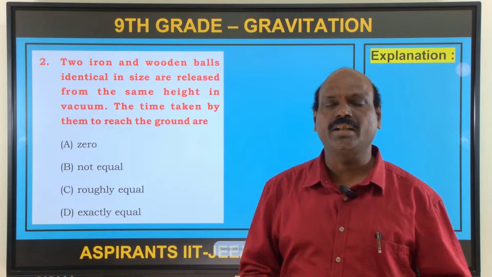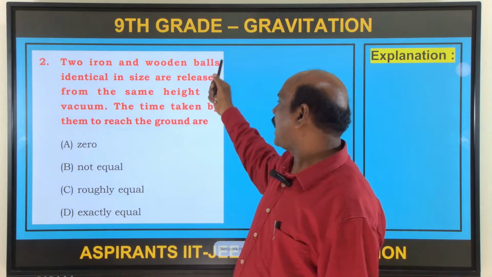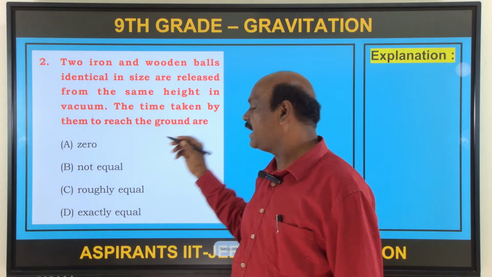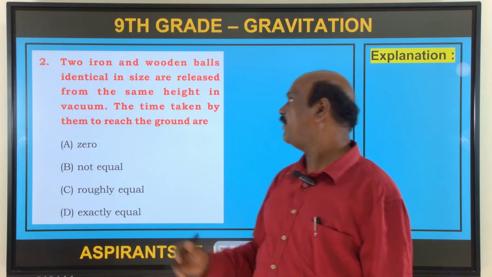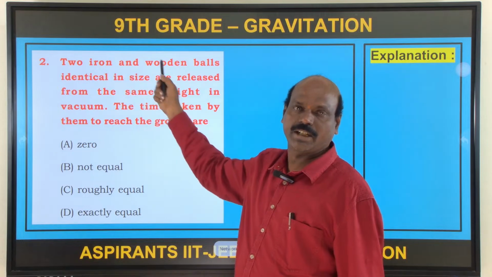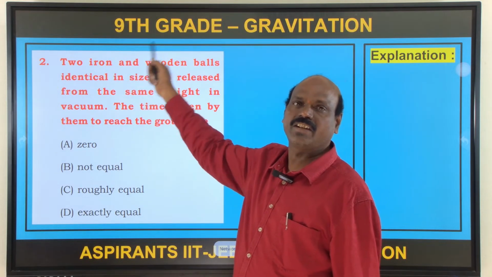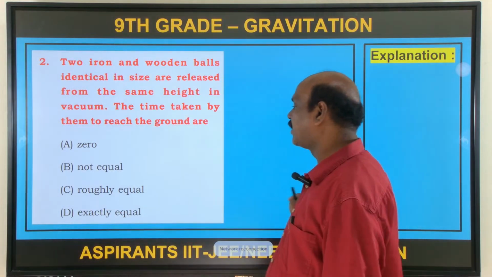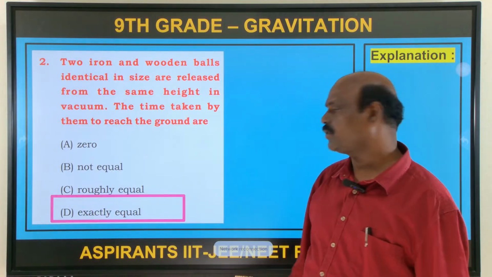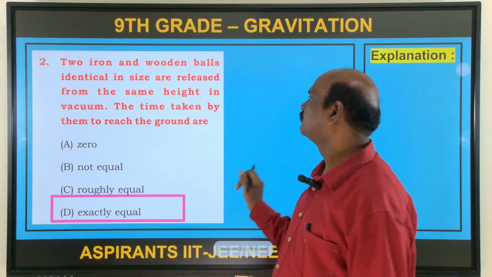Here we know that the acceleration due to gravity is independent of mass. Hence, even though the balls are made of different materials, iron and wood, both will reach at the same time. So they reach exactly equal. So option D.